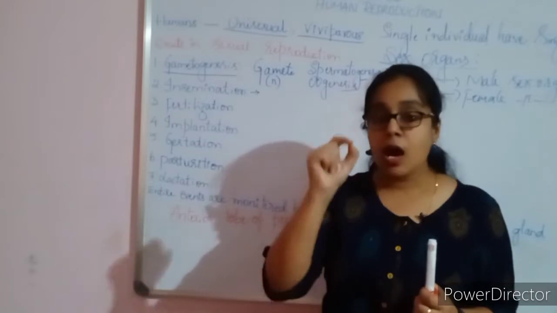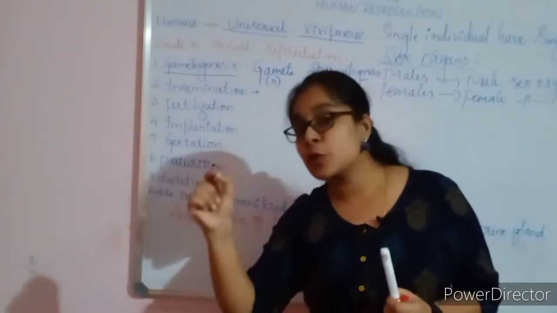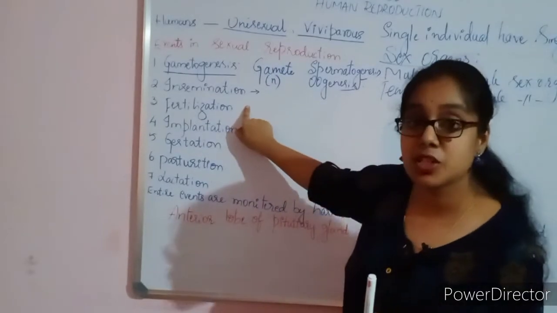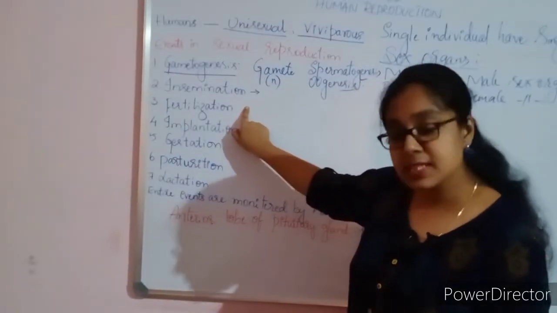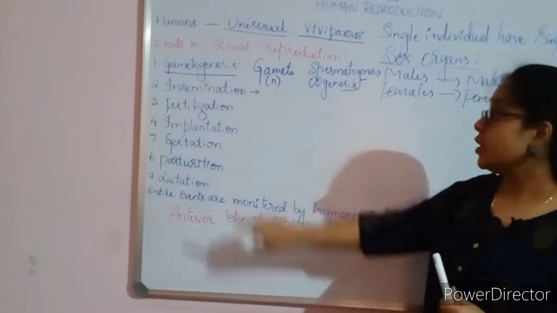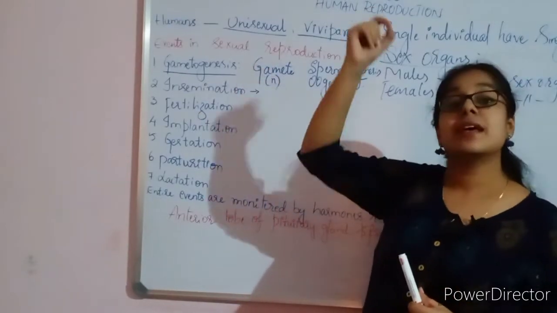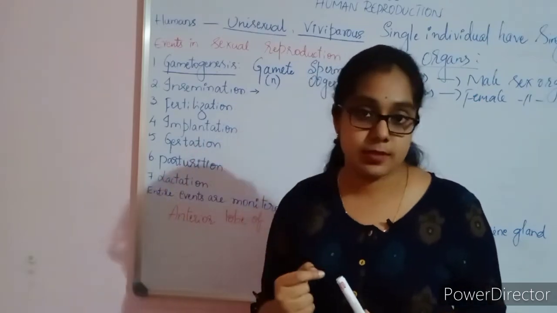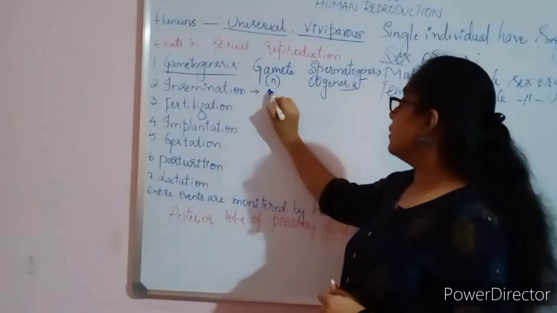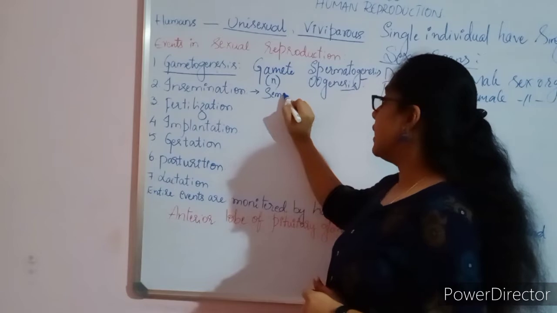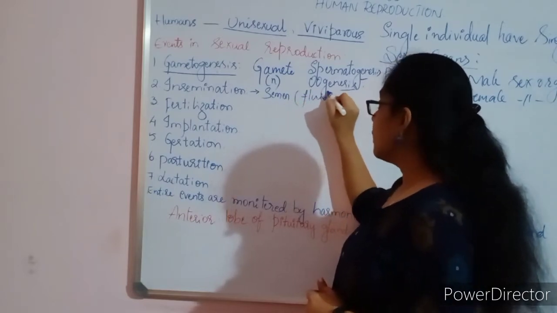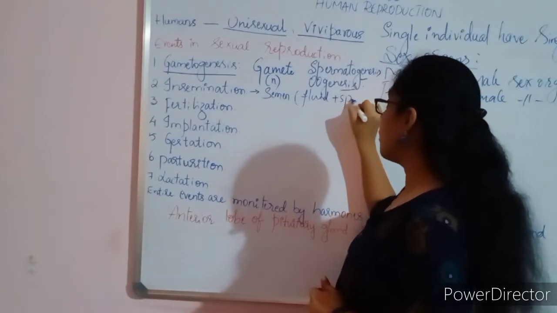So how are these sperms going to reach the female reproductive system? That is by the insemination process. That means in general you can say that during insemination, semen is released into the female reproductive system. And what is semen? It includes fluid plus sperm.